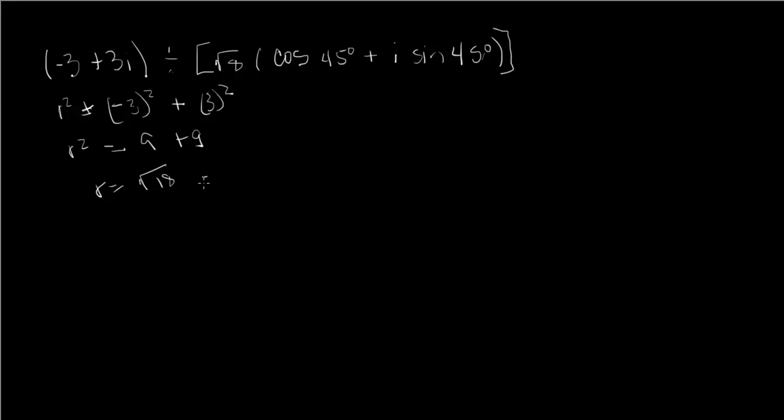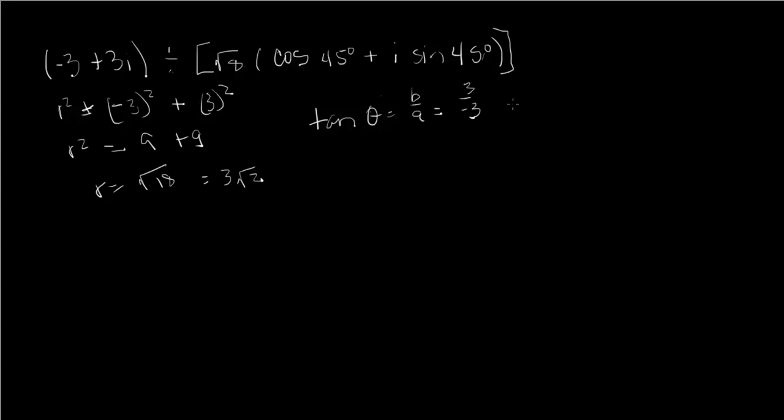And our theta for this function, tangent theta equals b over a, and that's 3 over negative 3, which is negative 1 over 1.